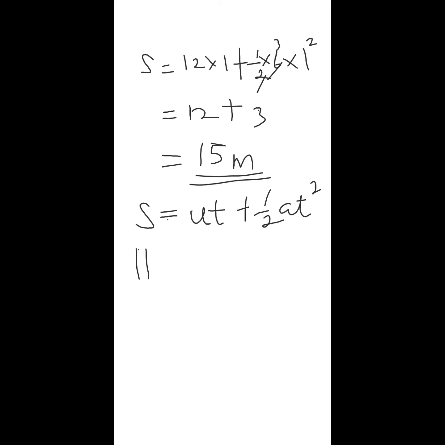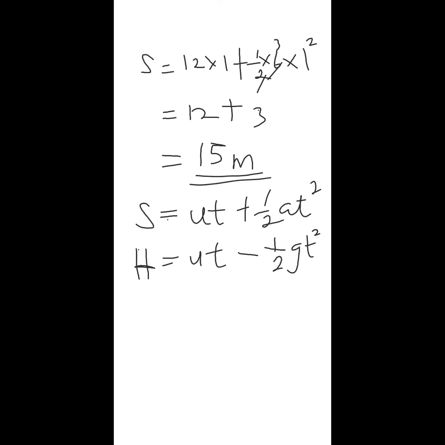Because initial velocity has to be given, no object on its own can move up except one has given it a particular energy to jump up. That means you are supplying the initial velocity. So initial velocity will be given, the time will be stated, but because it is going against gravity, it will not be positive, it will be negative. So you have half, then your A will turn to acceleration due to gravity.